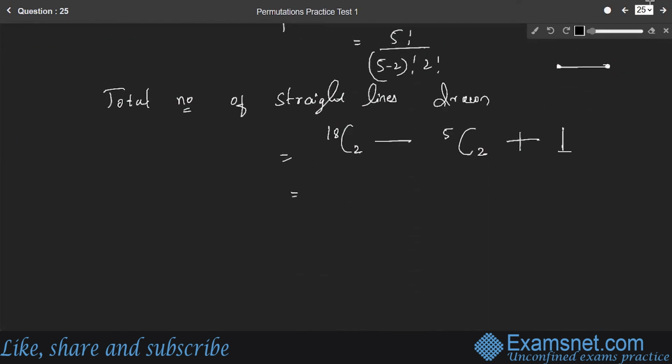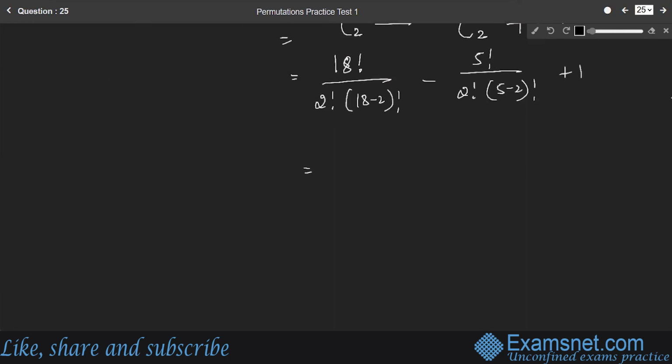So simplify it. 18C2 is nothing but 18 factorial divided by 2 factorial into 18 minus 2 factorial, minus 5 factorial by 2 factorial into 5 minus 2 factorial, plus 1. Therefore, here I'll directly go to simplification. Here it is 16 factorial in the denominator into 2 factorial, minus 5 factorial by 2 factorial into 3 factorial, plus 1.